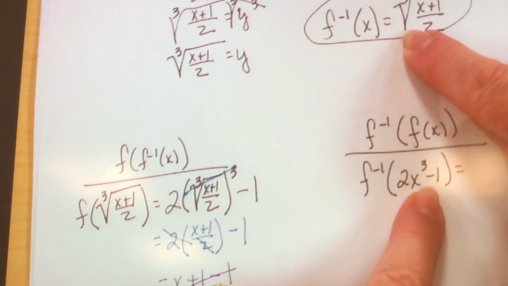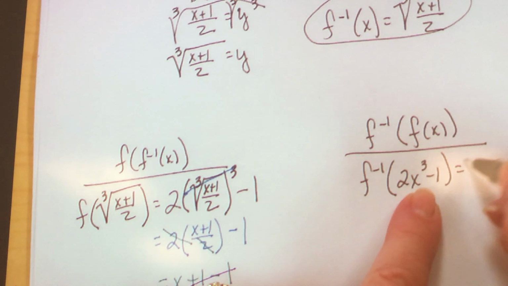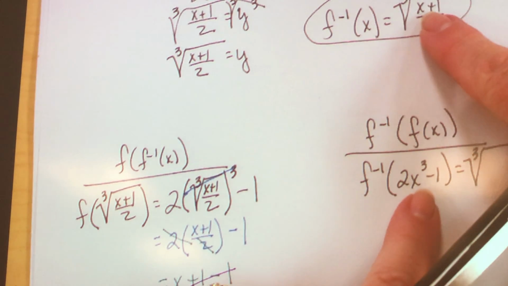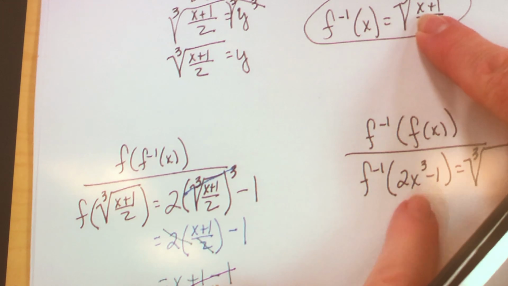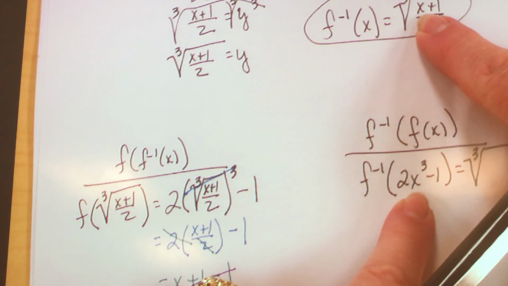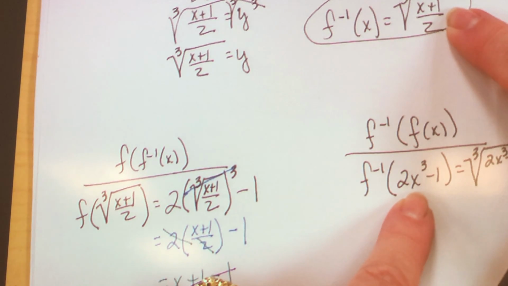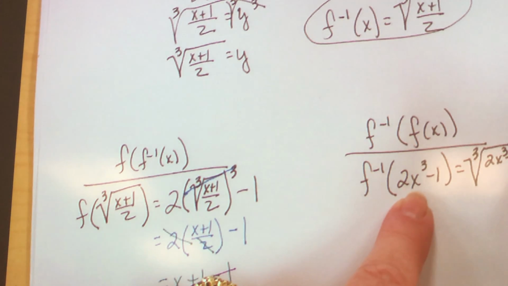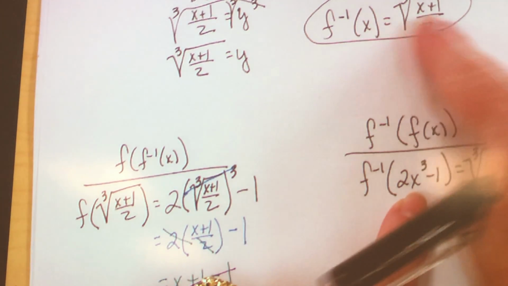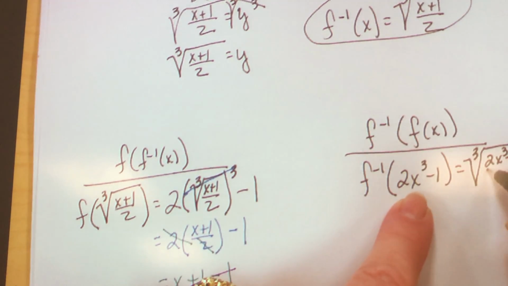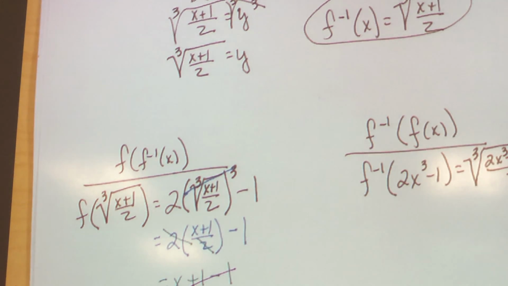So I go over here, I got the cube root. Uh-oh, there's an x. What am I supposed to write? 2x to the third minus 1. Now what else goes on the top? Plus 1, all over 2.